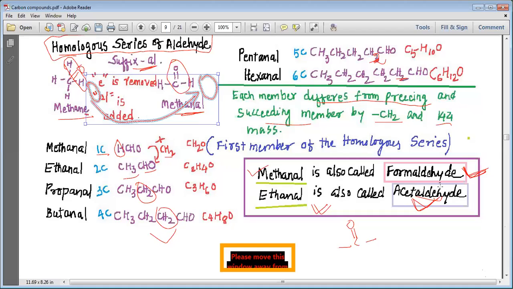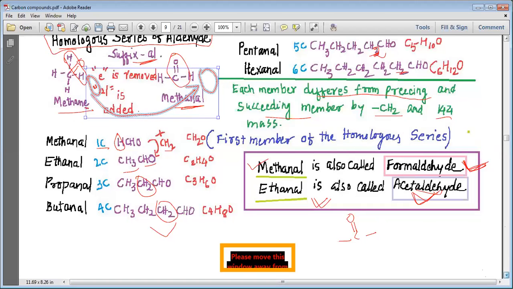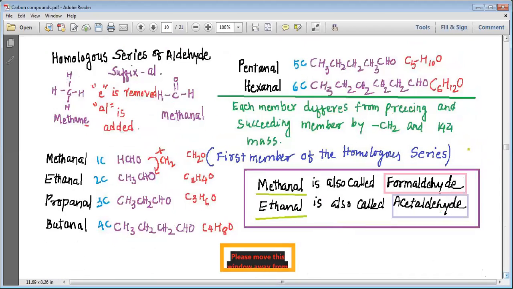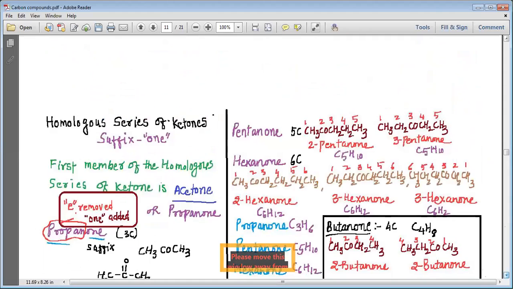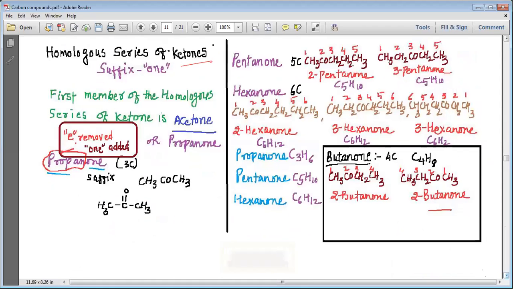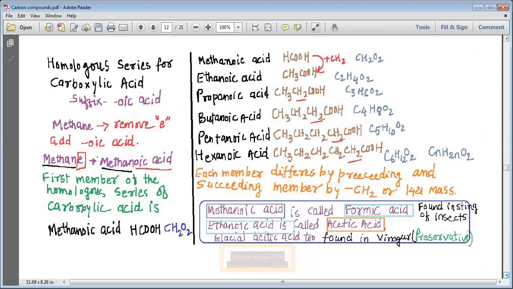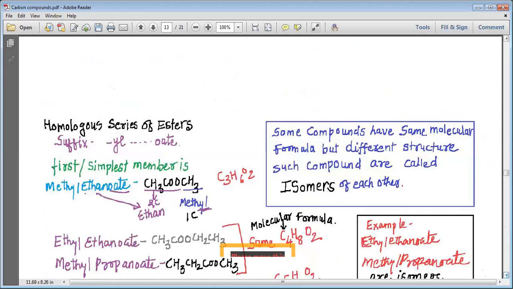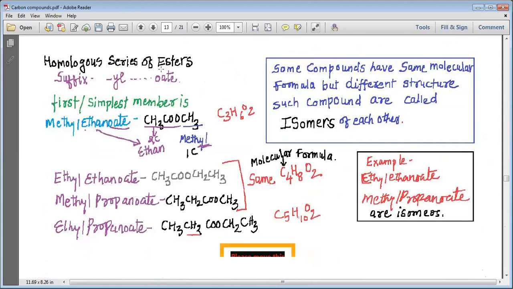In the same way, my dear students, we will study the other homologous series in future periods. We will study the ketones homologous series, the homologous series of carboxylic acids, and also some of the homologous series of esters, my dear students.